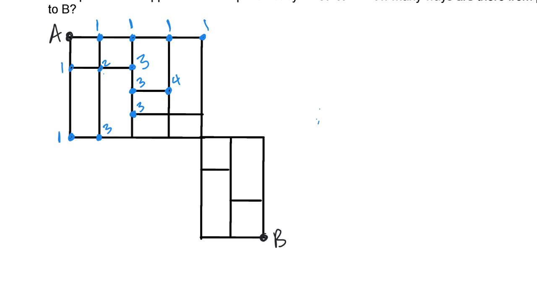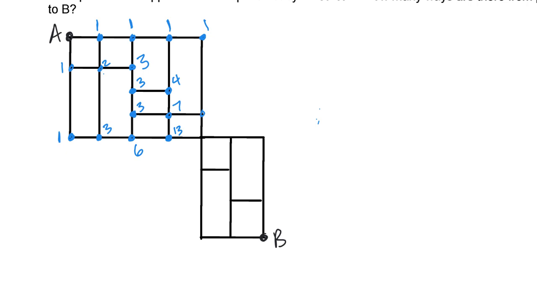And now to go from here to here to this specific point, 4 and 3 will give us our 7. And then from here to here, going to that point, is also adding those 2. So we end up with 6. 6 plus 7 into this corner gives us 13.